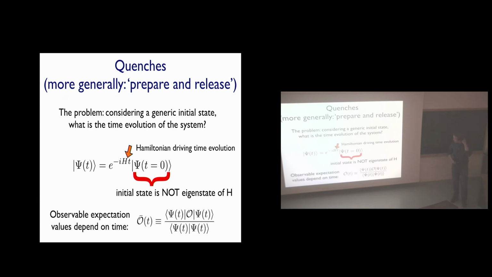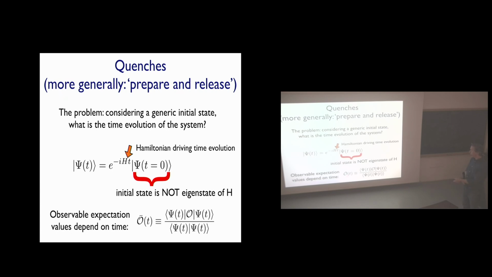And what do I want to do? Well, I want to be able to compute time-dependent expectation values of whatever operator I'm interested in. It might be a single expectation value of something, it might be a two-point correlation function, whatever.